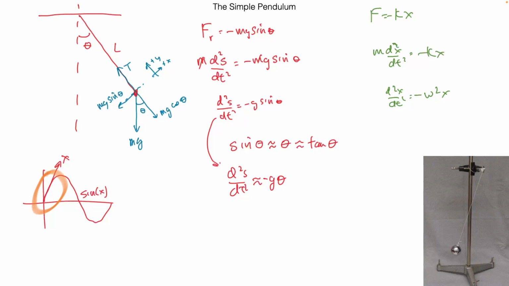The part that you might be uncomfortable with in terms of mathematics is this: I've got a differential equation that's got length on one side, like an arc length, this S is arc length, and I've got an angle theta on the other. How do we solve that? Well, we don't.